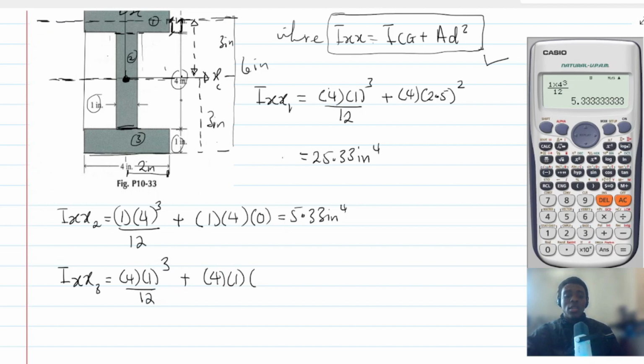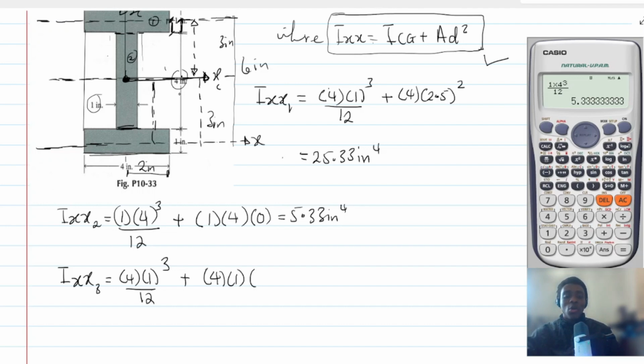d squared. Now watch this, because this axis is where we are taking reference from, the distance from here coming down will be negative. But watch this, the parallel axis theorem, okay, if we actually draw some sort of imaginary x-axis through this one, okay, so this is your imaginary x-axis, which is actually the centroidal axis of the third area, then we can say that the distance from the actual centroidal axis of the whole figure compared to that of the third area will also be what, 2.5.